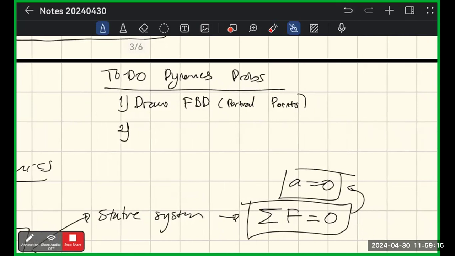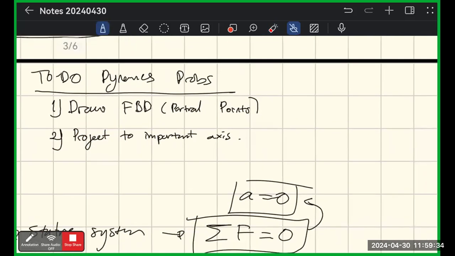Second, project all of the forces onto two important axes. What do I mean by important? You just have to project all of the forces to the important axes, and then write down equations from each axis.